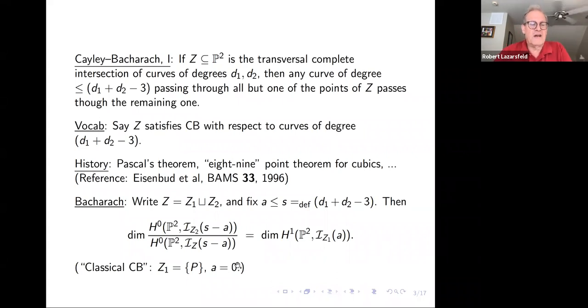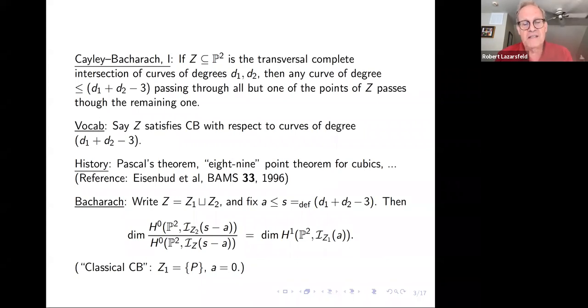And how do you recover the classical Cayley-Bacharach? Well, you take Z1 to be a single point, and you take a to be 0. So if Z1 is a single point and a is 0, this is measuring how a single point imposes independent conditions on curves of degree 0, on constants. So the right-hand side is 0.